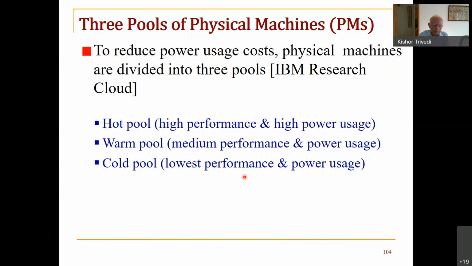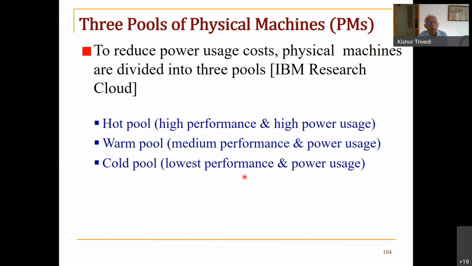The idea is that a hot machine will have high power usage, and it has high performance. Very quickly, you can schedule the virtual machines and give them to the users, but the power usage is high.